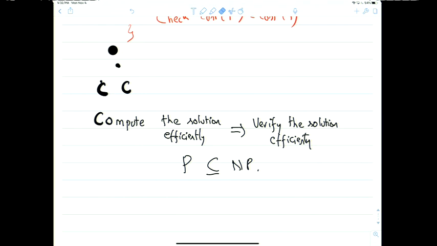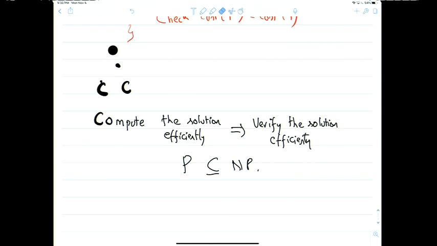Bear with me that once you define it as a decision problem, you will have P in NP. At a high level, the fact is that if you can compute the solution efficiently, you can check that you got the same solution, so you can also verify the solution efficiently.